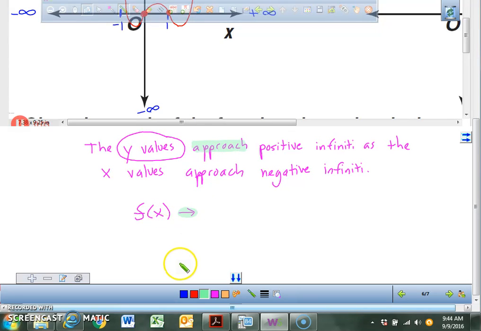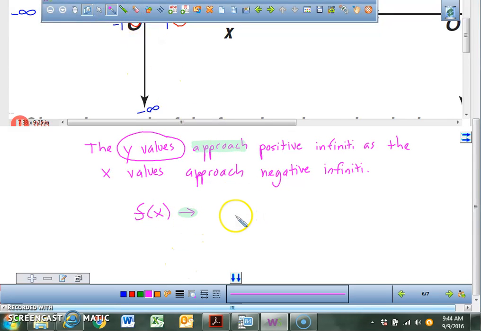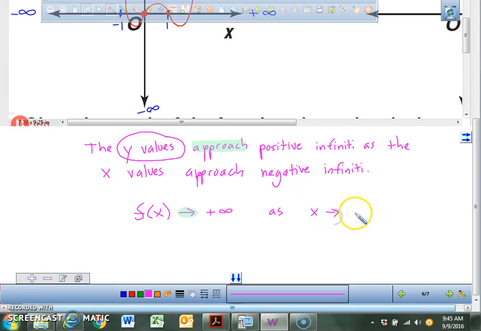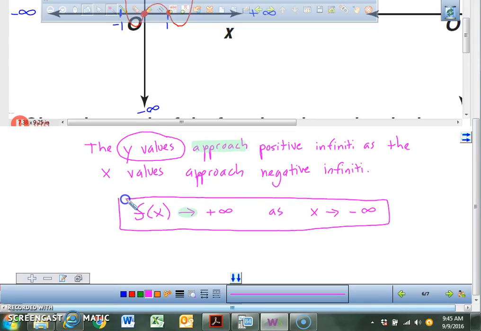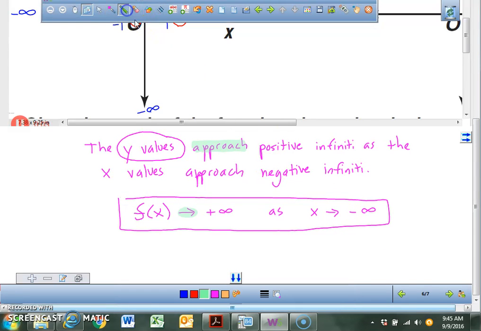So as my y values approach positive infinity, you're going to write positive infinity. My y values approach positive infinity as x approaches negative infinity. And that right there is one of your answers. And what is the arrow basically saying? The arrow is saying that as it approaches towards this concept.